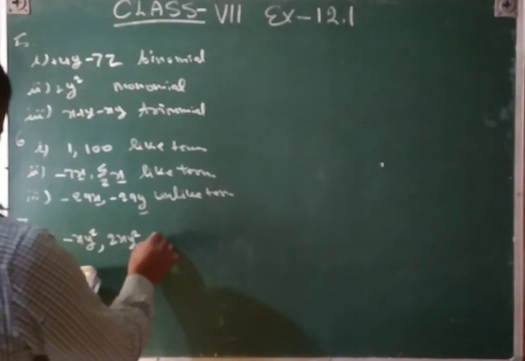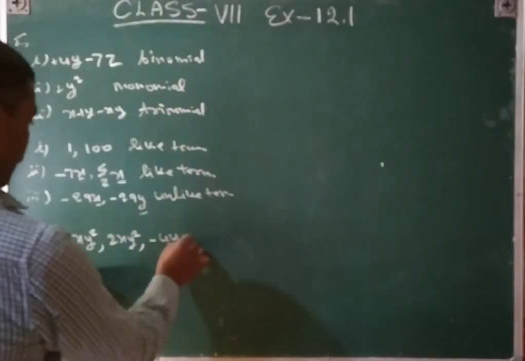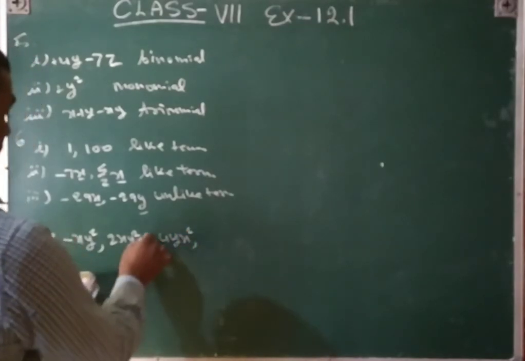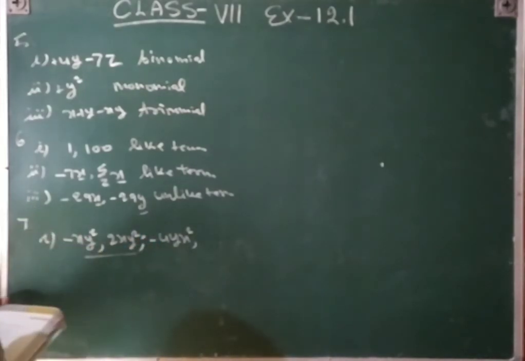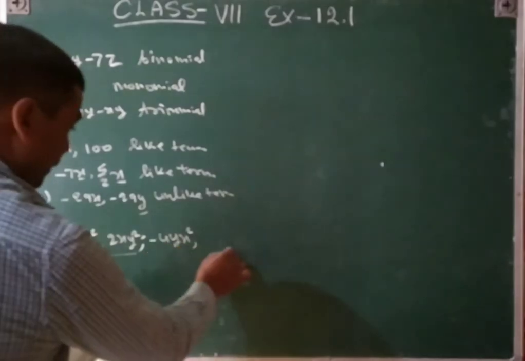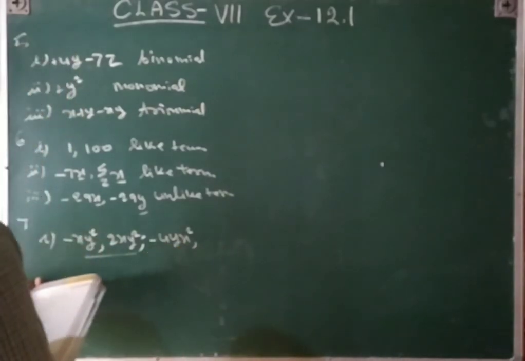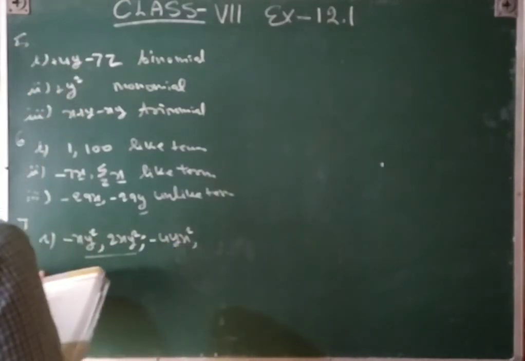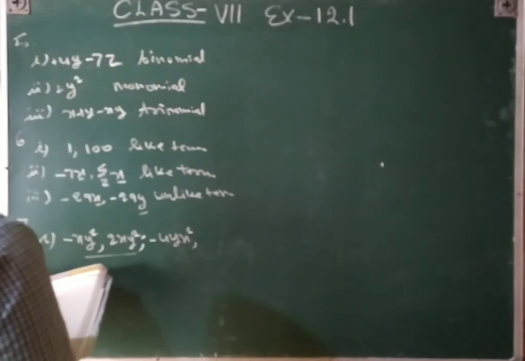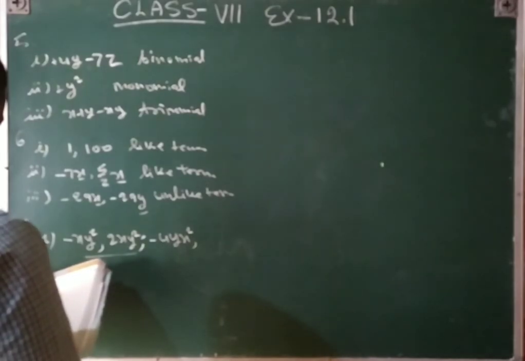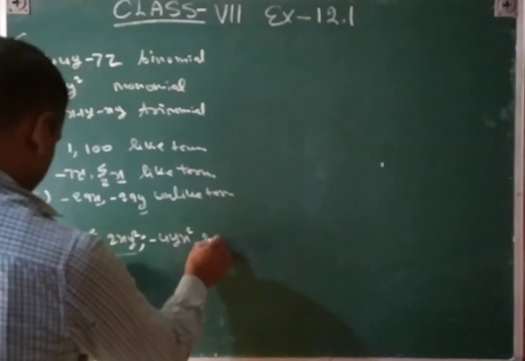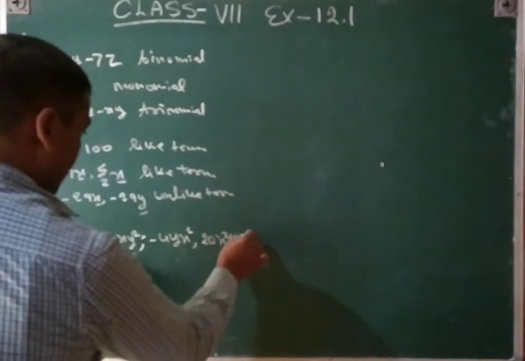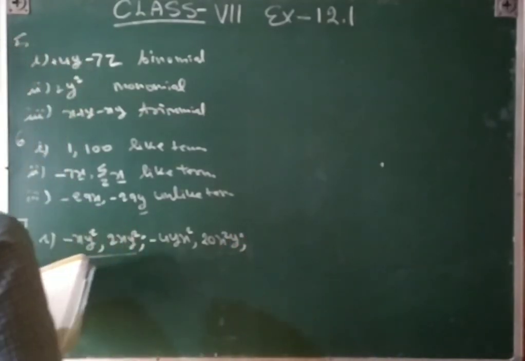And now we are looking at minus 4yx square. It means this is a pair of like terms, and the next pair of like terms is looking here. Now we are looking at x square y, and then x square y also needed here, 20x square y, and the other is not given there.